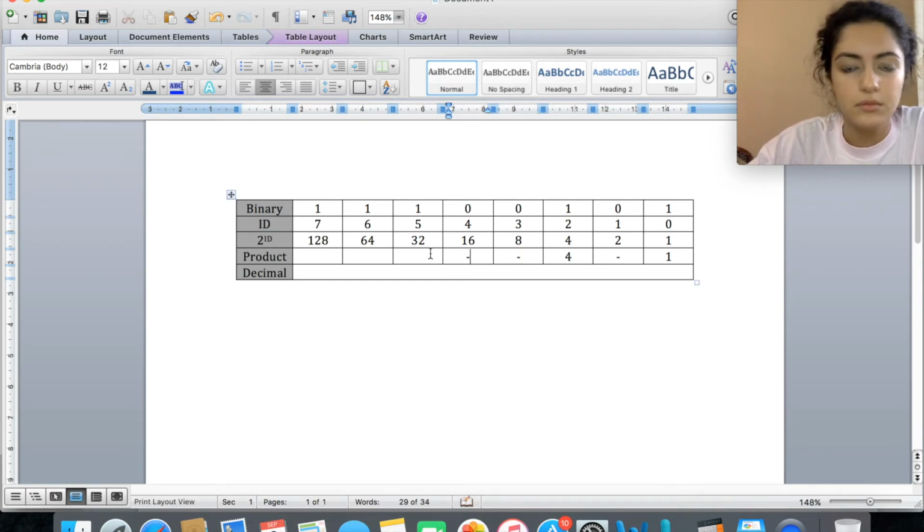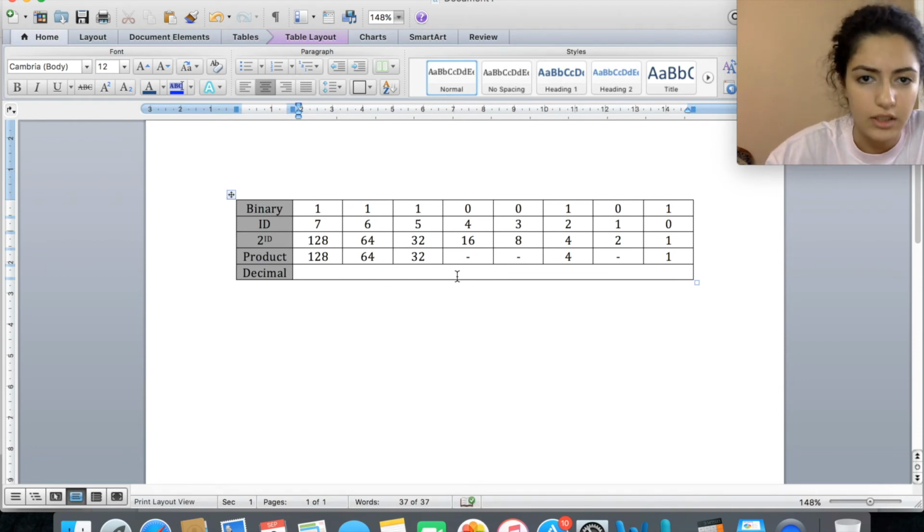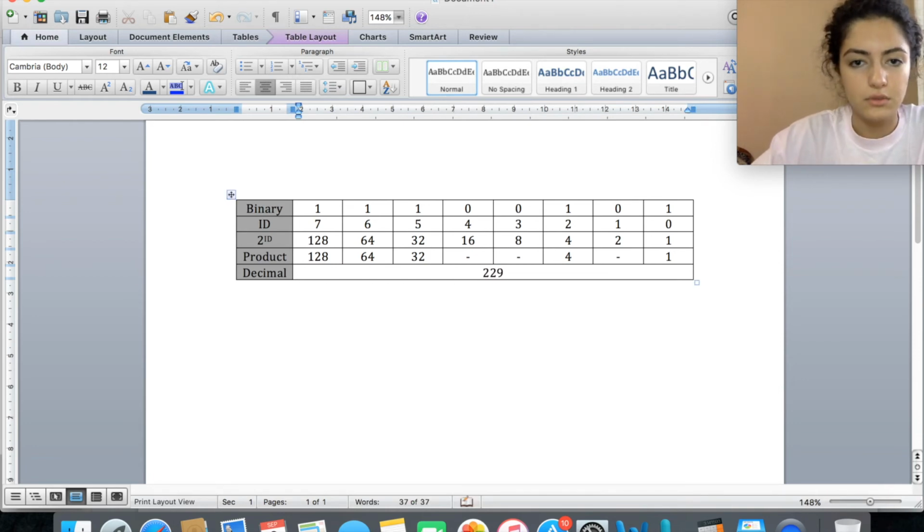Then 3 ones. So here, 64 here, and 128 here. And in the fifth row, we have to write just the sum of the fourth row. So it is 229.